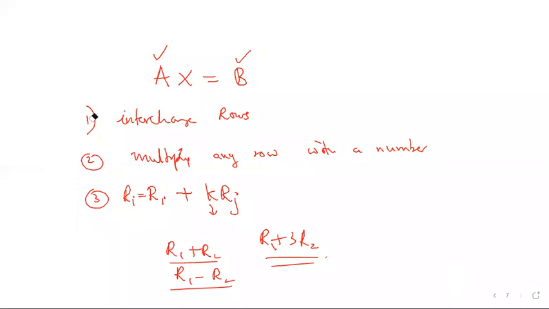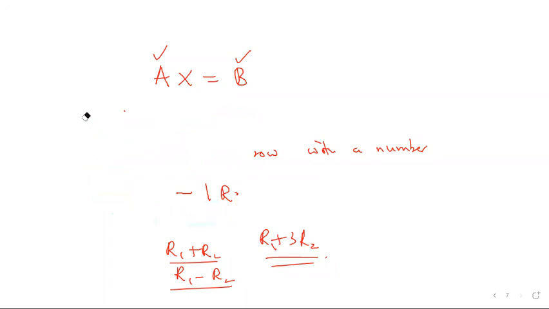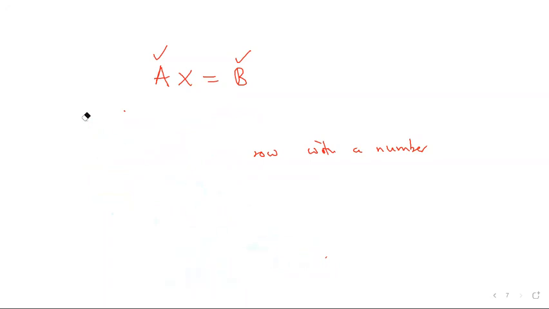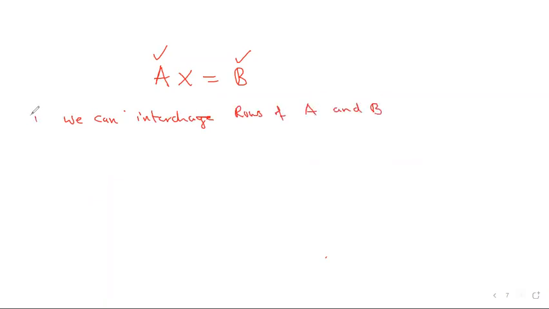Then again, you write in the matrix equation AX equal to B. Those who want the summary, write down. In the matrix equation AX equal to B, we can, 1, interchange rows of A and B. 2, we can multiply any row with a number. Multiply or divide also.